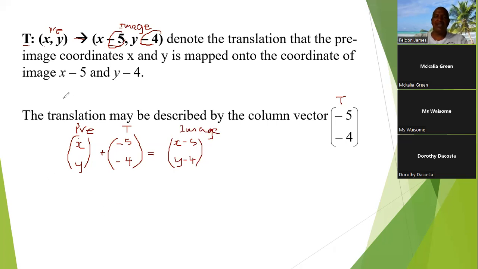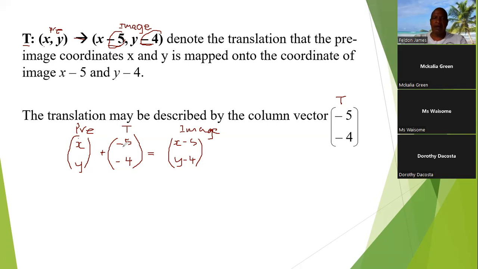Now, the function for translation vectors would be different from the function of a different transformation. So if you're doing rotation or enlargement, you'll be doing something quite different from what you're doing here. For translation, you're simply adding vectors in the form of matrices.